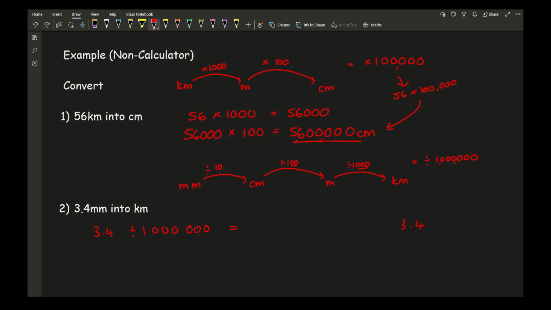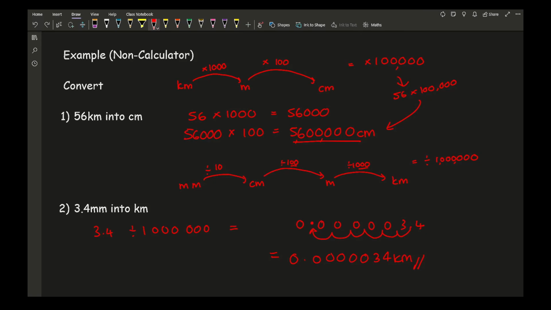I've got 3.4, so moving it 6 places: 1, 2, 3, 4, 5, 6. This is where the decimal point is going to go, and I fill the empty spaces with zeros. That will give me a final answer of 0.00000034 kilometers.